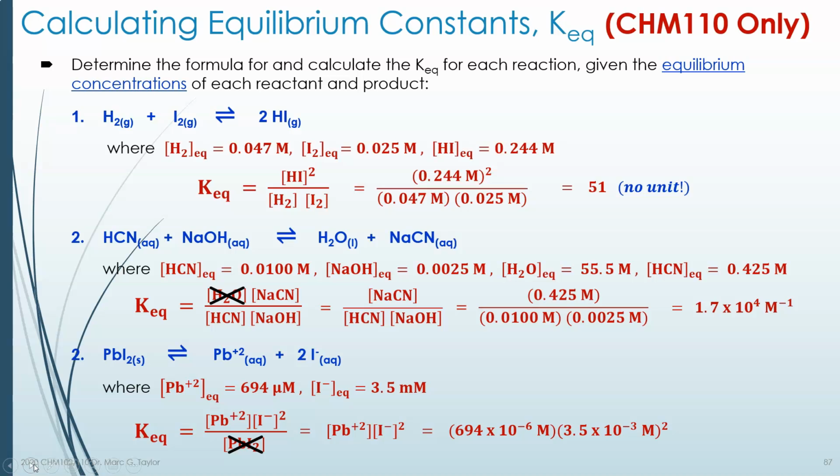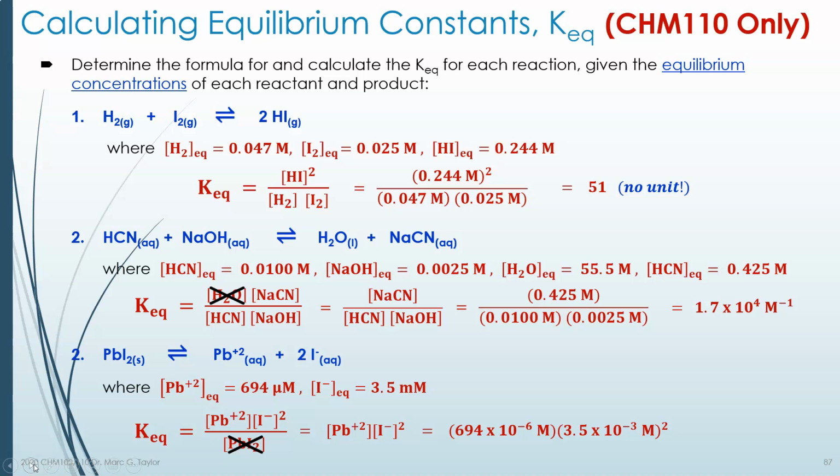Don't use millimolar and don't use micromolar if you're using an equilibrium constant based on concentrations of your reactants and products. So we plug in the amount in molar, and I have written the lead-2 concentration in a non-standard way because your calculator can deal with it. You don't even have to bother converting it yourself. It's 694 micromolar. Micro just means 10 to the -6. So it's 694 times 10 to the -6.